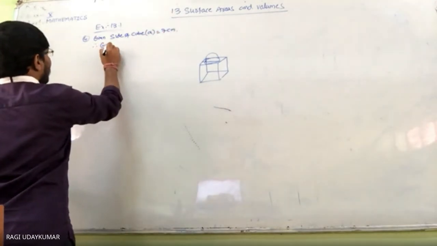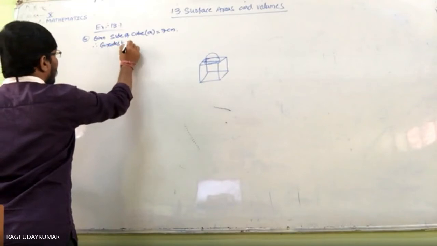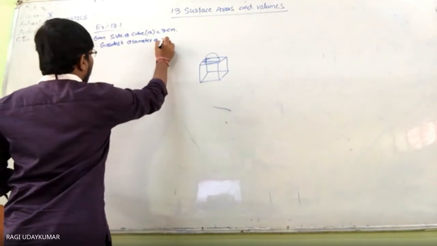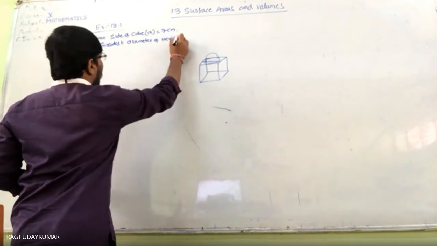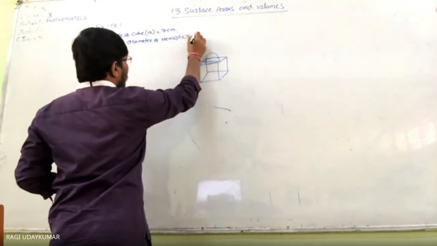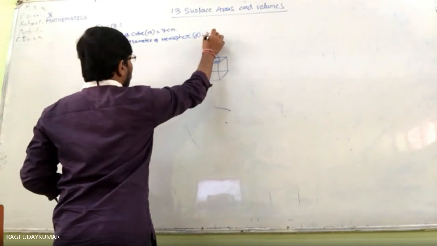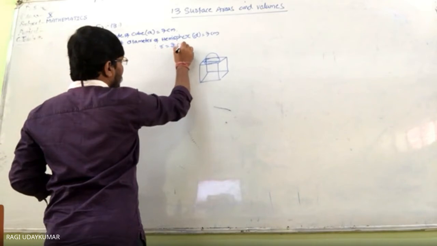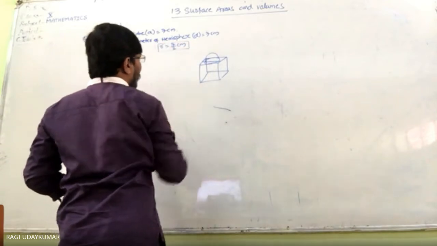Therefore, the greatest diameter of hemisphere, D is equals to also 7 centimeters. Therefore, radius R is equals to 7 by 2 centimeters. Radius R you got it.